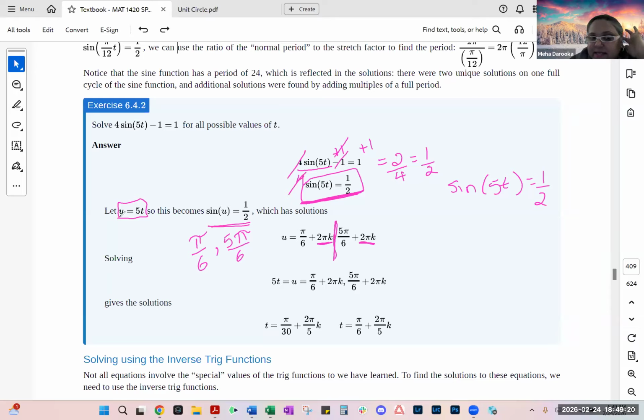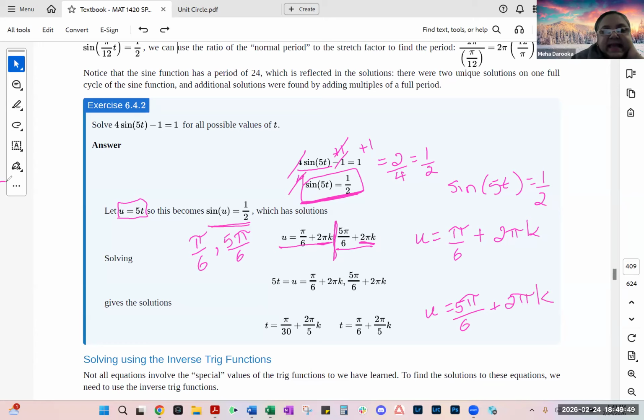So you can see we are saying let u equals 5t. And then you have these equations over here where u equals pi over 6 plus 2 pi k. And then the other one, of course, will be u equals 5 pi over 6 plus 2 pi k.